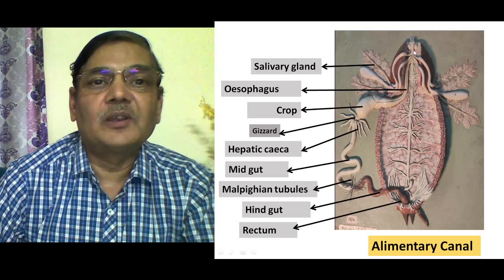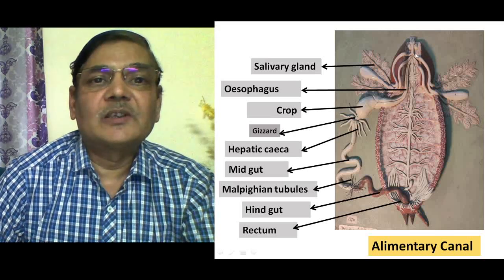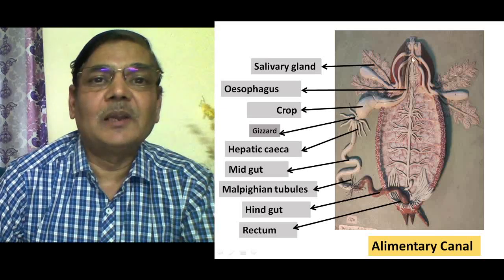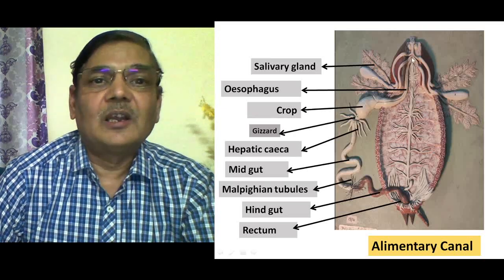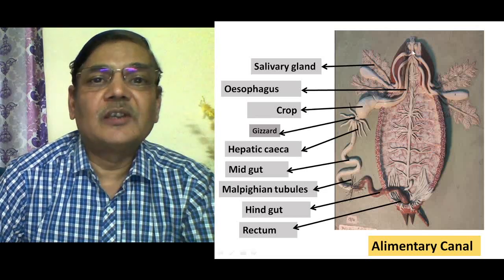and it helps in easy passage of food into the oesophagus. So saliva contains a mucus-like substance, and it also possesses enzymes like salivary amylase, and saliva also contains chitin digesting enzyme. It possesses cellulose digesting enzymes.